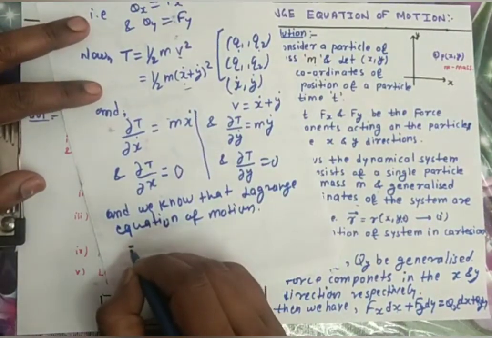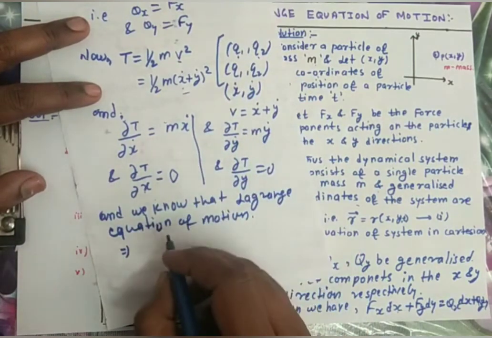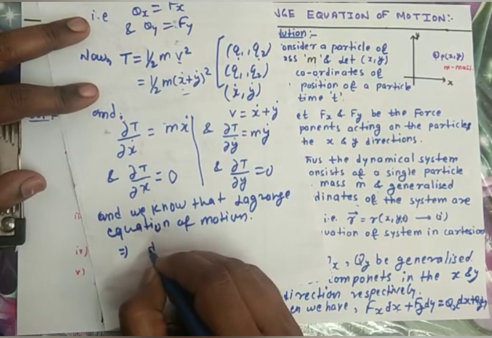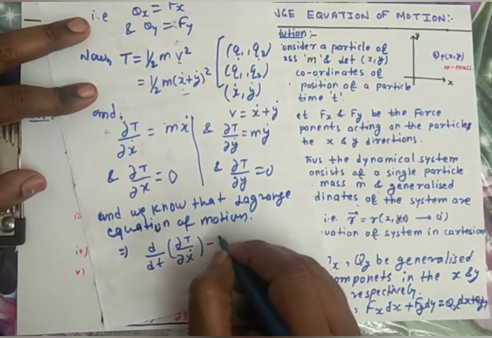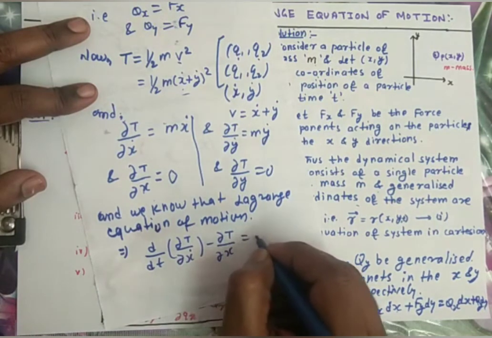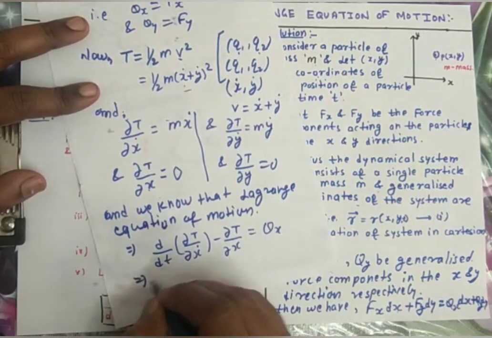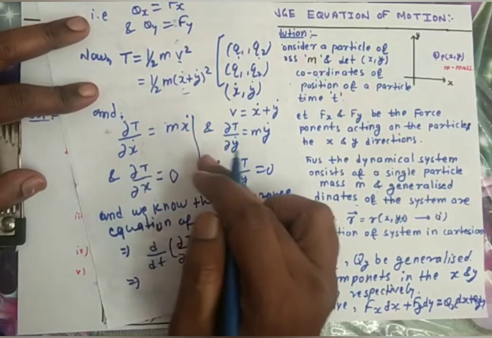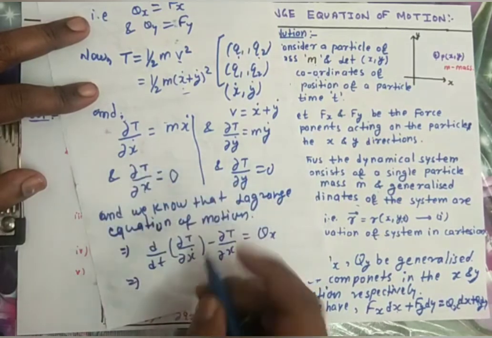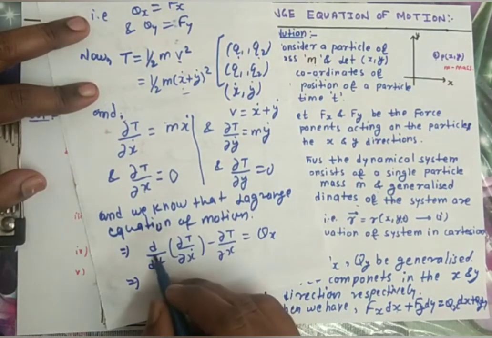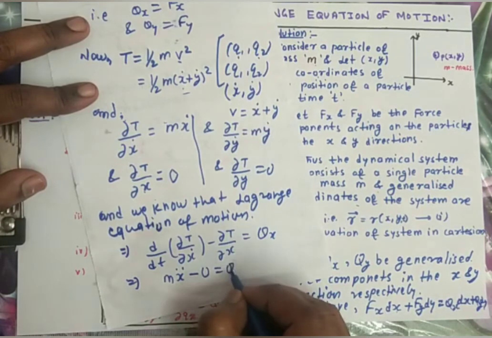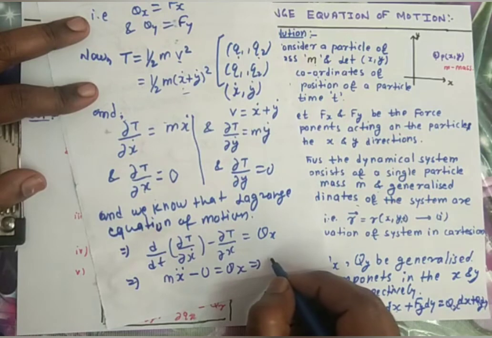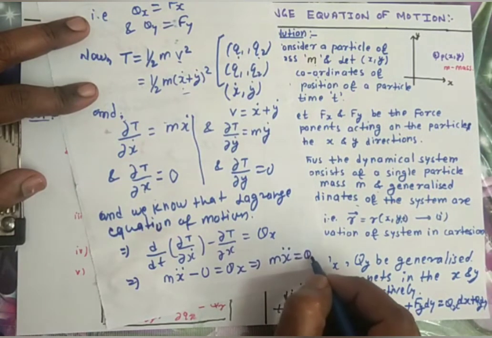That's why for the generalized coordinate x, this will become d by dt of del T by del x dot minus del T by del x equal to Qx, which implies, taking the derivative with respect to time, it becomes m times x double dot, velocity becomes acceleration, minus 0 is equal to Qx, which implies m x double dot is equal to Qx.